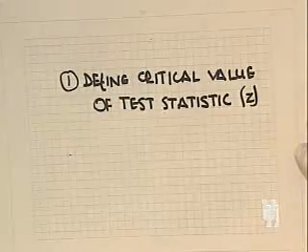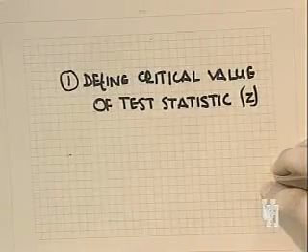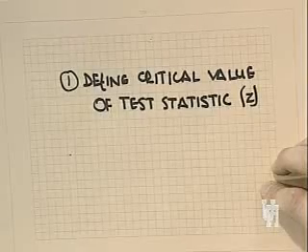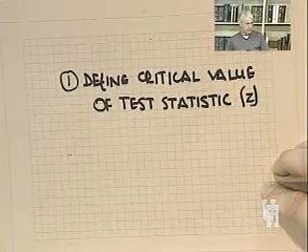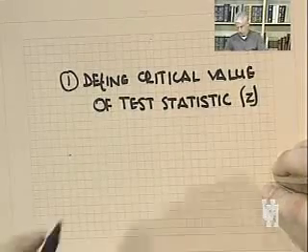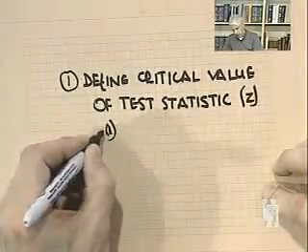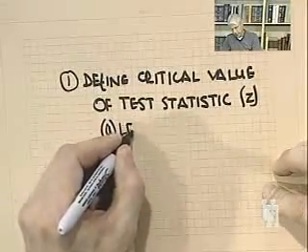In order to define the critical value of the test statistic, you need to decide two issues. The first of these is the level of alpha.